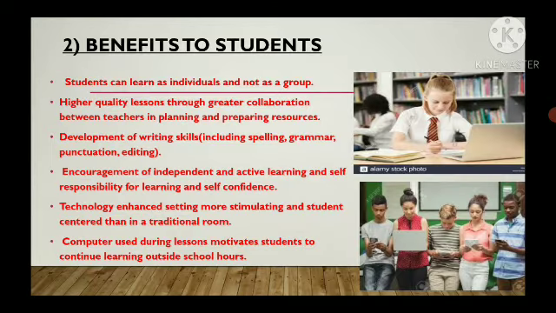Next is the benefit to students. Students can learn as individuals, not only as a group. Higher quality lessons come through greater collaboration between teachers in planning and preparing resources. There is development of writing skills including spelling, grammar, punctuation and editing.